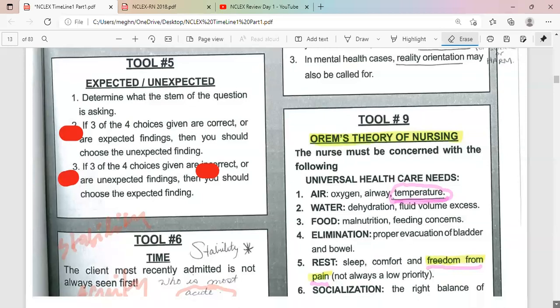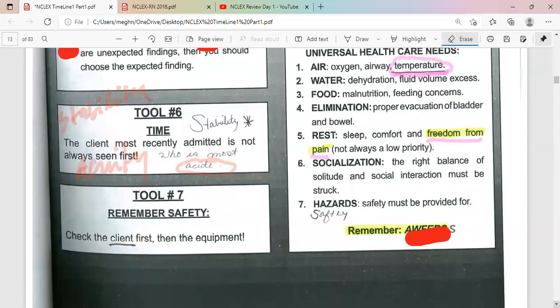Next is time management. The client most recently admitted is not always seen first. It depends on the need, the priorities, and also the ABC law or Maslow's law. Now remember safety. Safety is the first priority.